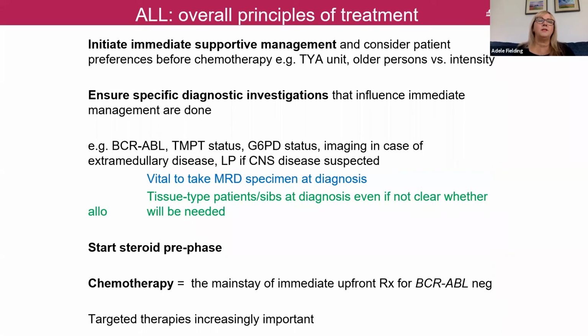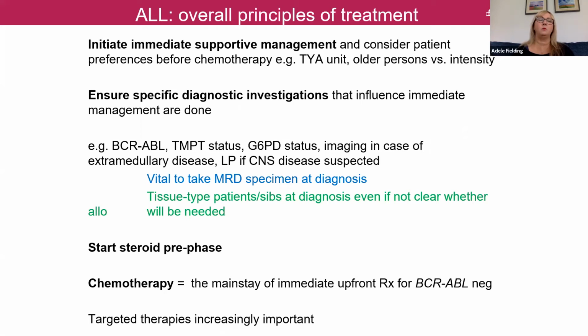So what are the principles of treating ALL, and how do we simplify some of that complexity into how we treat an individual? Often individuals with ALL may need immediate treatment because they might be unwell and might have presented with infections. But sometimes people aren't particularly unwell. We've just made the diagnosis, but they're otherwise okay, and they don't need to start treatment the next day.